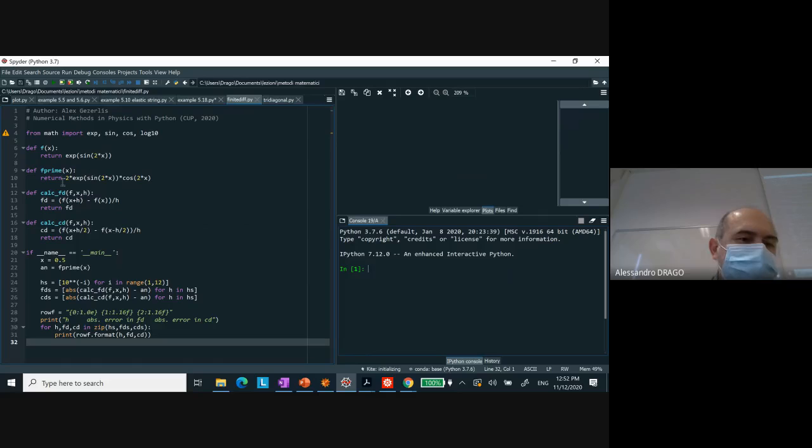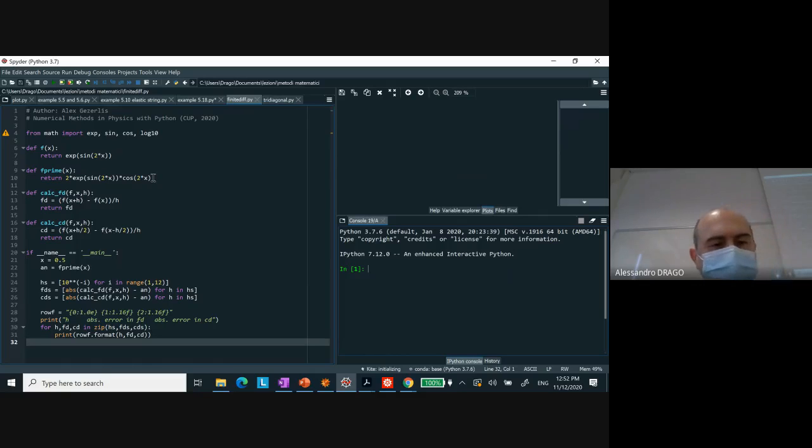So, whatever the function f is, this is the exact function, and this is the exact derivative.